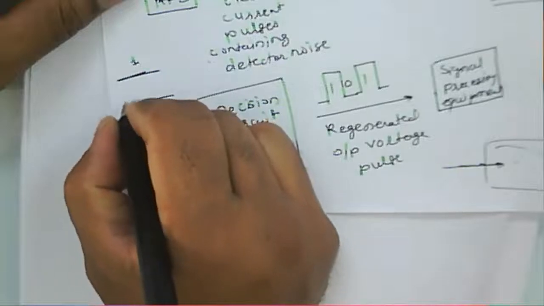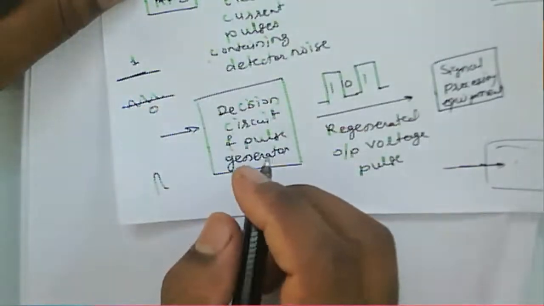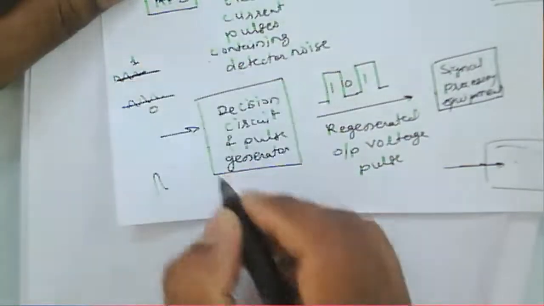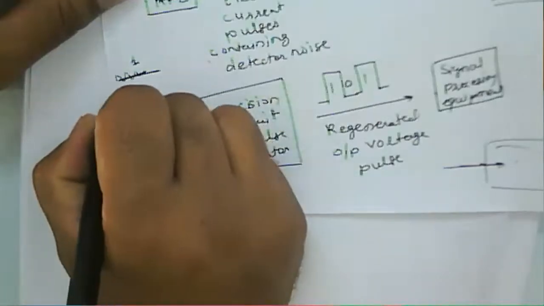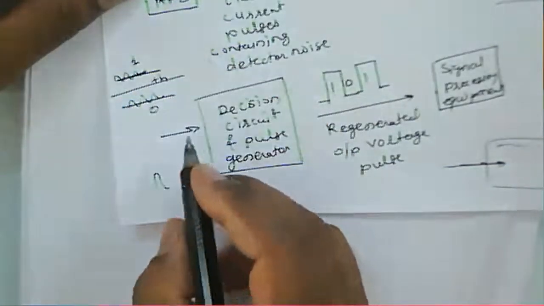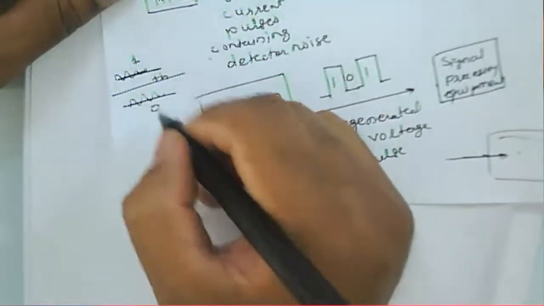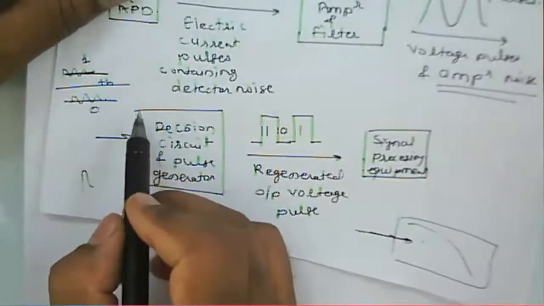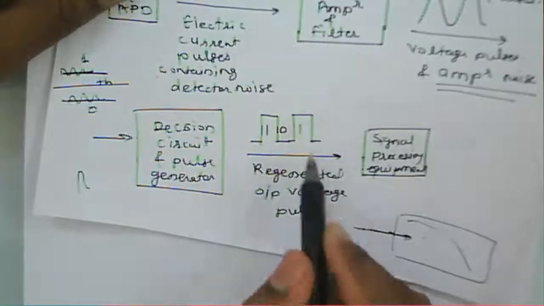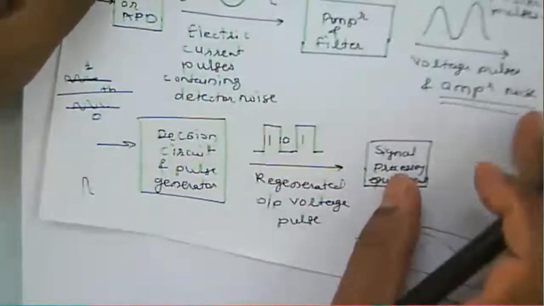When we are receiving the signal, if it belongs to this particular region, we can say it is a 0 level. If it belongs to this particular one, then we can say it is 1. So we need to mention a particular threshold value. Above the threshold value, it will be 1, and below the threshold value, it will be 0. That's why the decision circuitry tells you whether the information is a 1 or a 0. And then the signal proceeds.